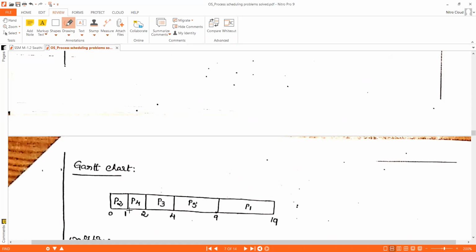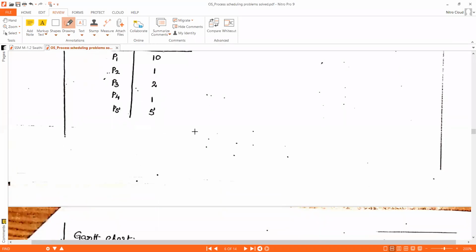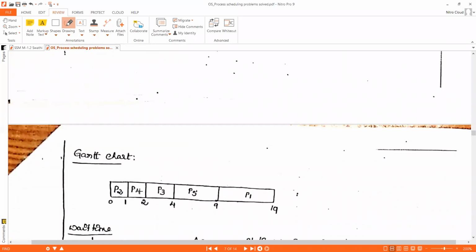It will be executed by the CPU for 1 millisecond. Okay, after completion of execution of process 2, the CPU will next be allotted to process 4. Next shortest job is process 4, right? So process 4 will get executed by the CPU until clock time 2 milliseconds.